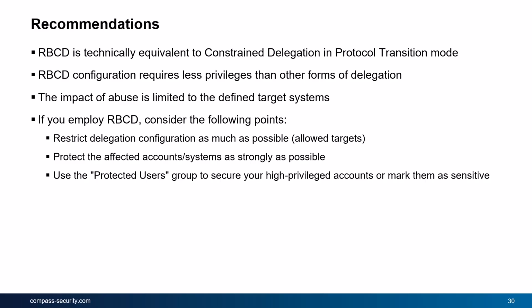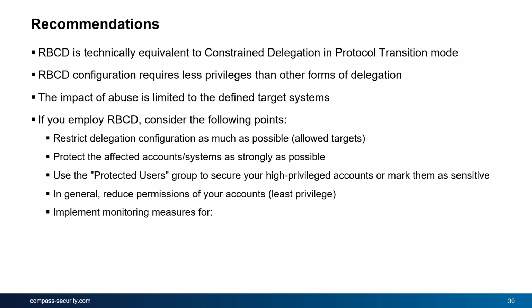And the users within your Active Directory environment, especially the high privileged accounts, should be protected by either adding them to the Protected Users group or marking them as sensitive, so the delegation mechanism does not work for them. And along with that also goes the least privilege principle, so generally reducing the permissions of your accounts. In the event of a compromise by an attacker, you can lessen the impact of that scenario.